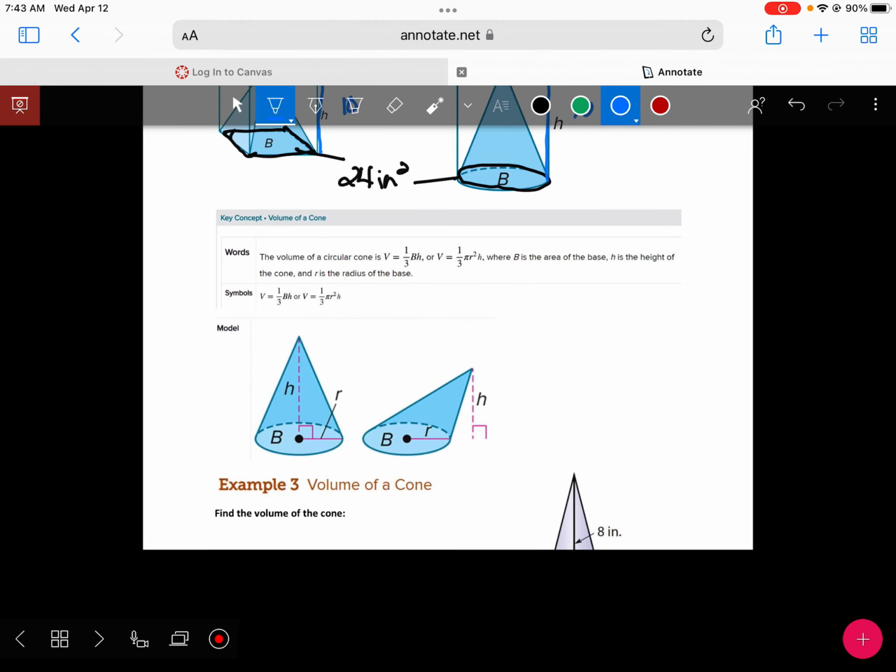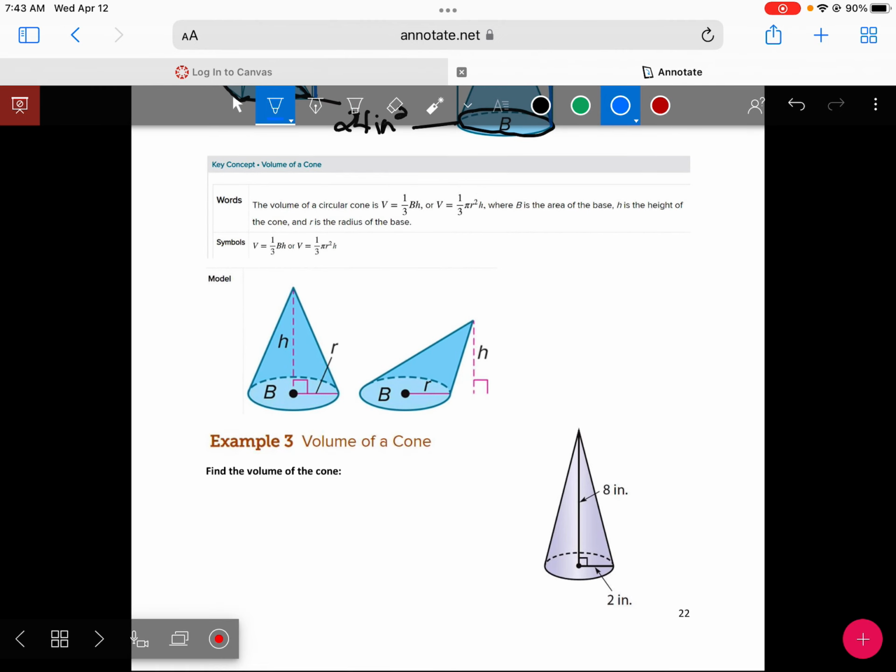Okay? So jump down here a little bit. Words, the volume of a cone. So volume of a cone, we're just writing it bigger, is 1/3 times the area of the base times your height. And if you're talking about a cone, its base is a circle.